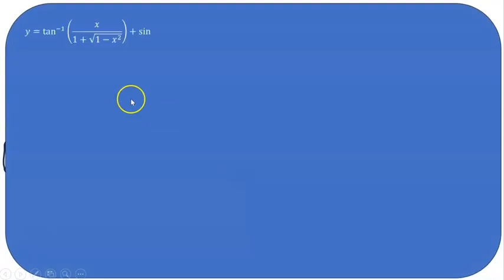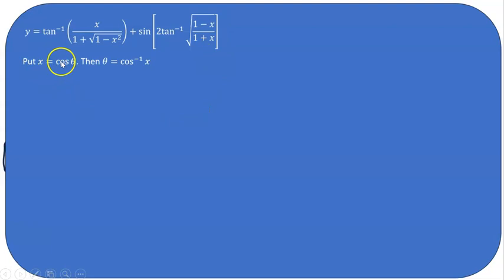Now see this here. y is equal to tan inverse of x upon 1 plus root of 1 minus x square, plus sine of 2 tan inverse of root of 1 minus x upon 1 plus x. Now put here x is equal to cos theta, and then you will get theta is equal to cos inverse of x.